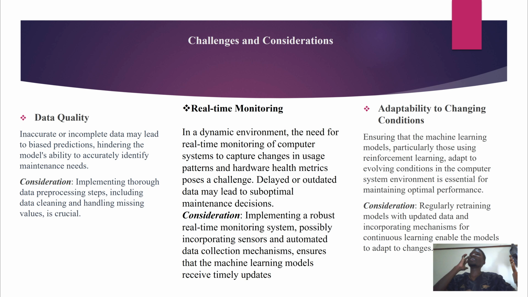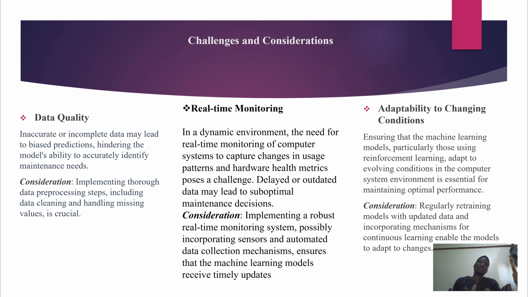So the other will be adaptability to changing conditions. So here we shall be ensuring that the machine learning models, particularly those using reinforcement learning, adapt to evolving conditions in the computer system environment, which is essential for maintaining optimal performance.